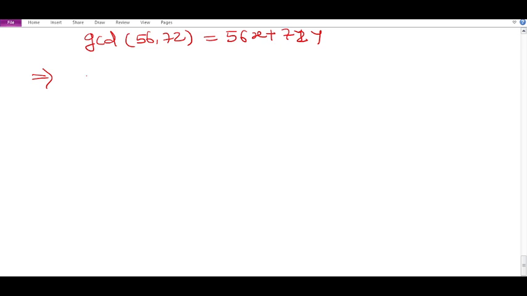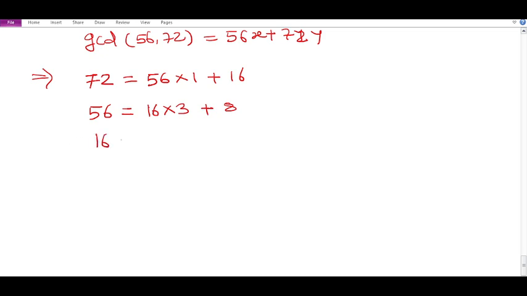First of all, apply the division algorithm here. If you divide 72 by 56, then the quotient is 1 and the remainder is 16. Next, if we divide 56 by 16, then the quotient is 3 and the remainder is 8.